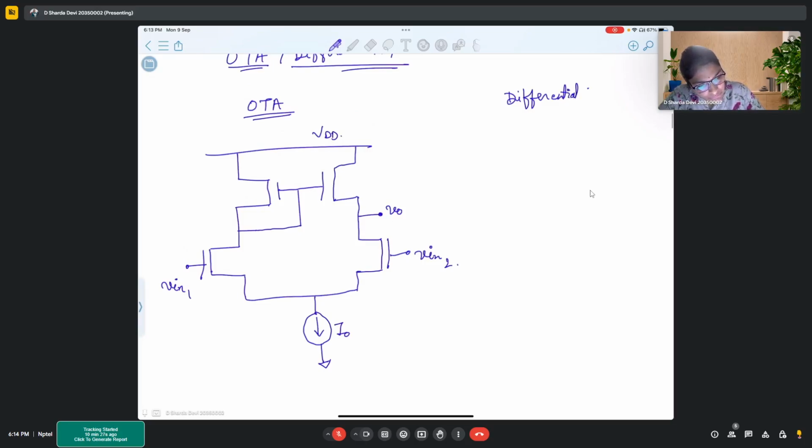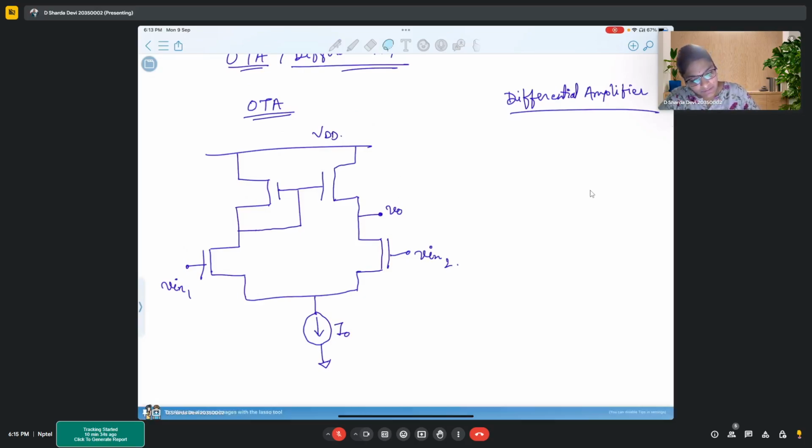This is how your OTA looks. Now, let me quickly draw the differential amplifier as well.